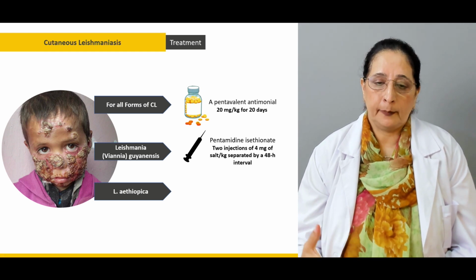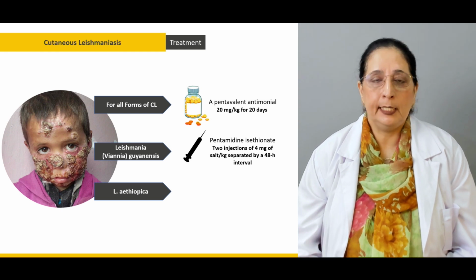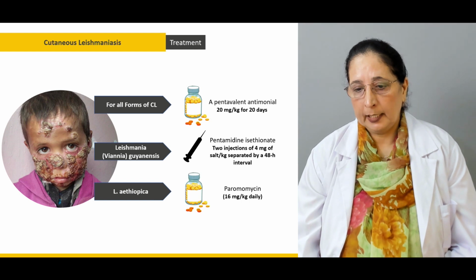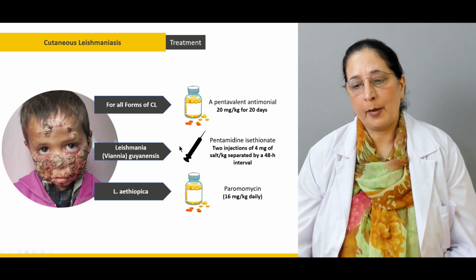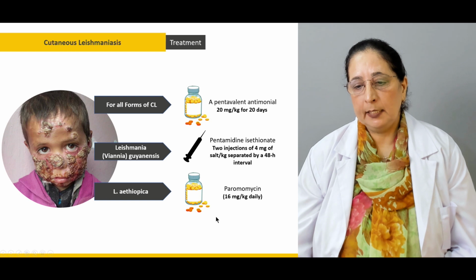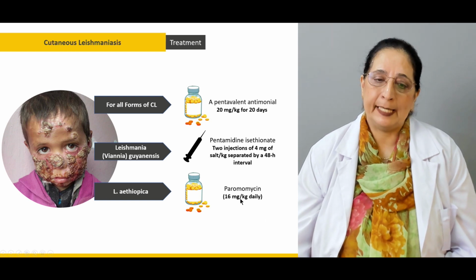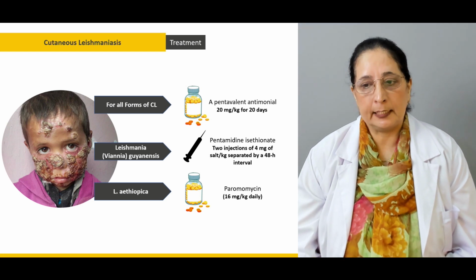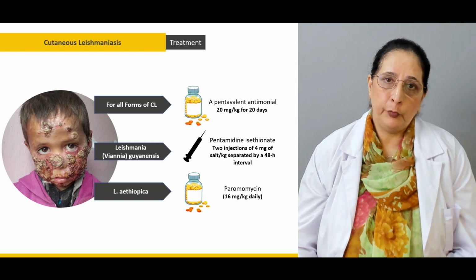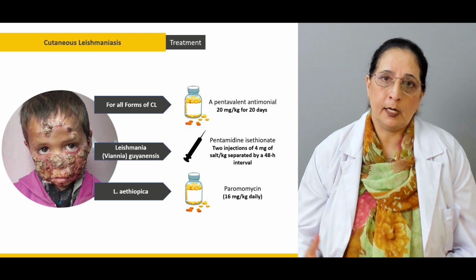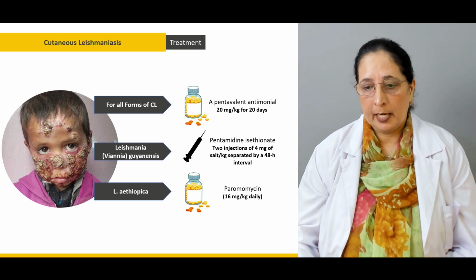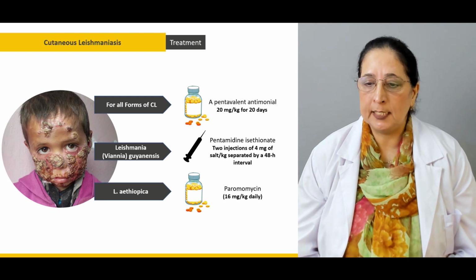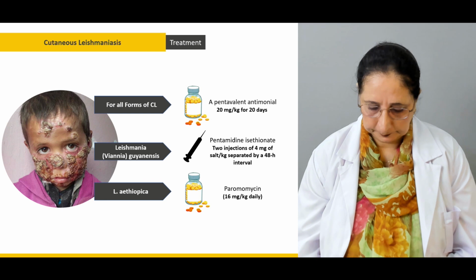But there is some difference for Leishmania viannia and aethiopica, and in this we have paromomycin, 16 milligram per kilogram daily. So for all forms, we can use pentavalent antimonial with a few exceptions, which are viannia and aethiopica, and then we have paromomycin and pentamidine isethionate.